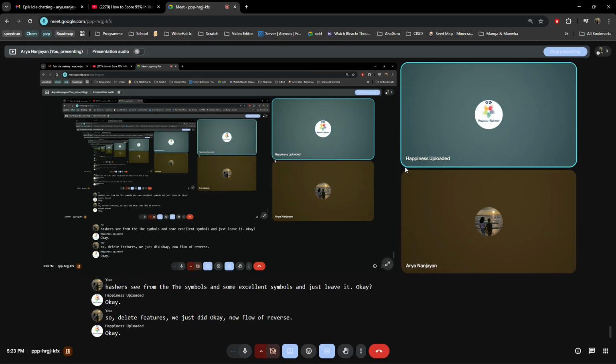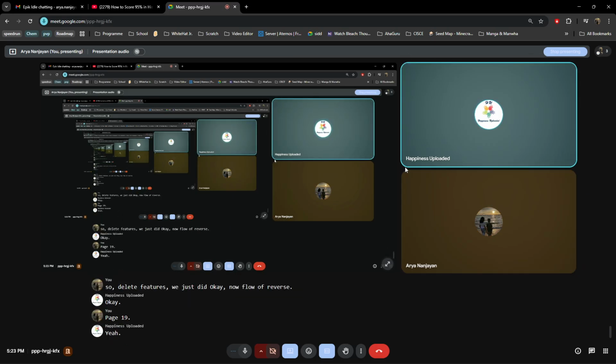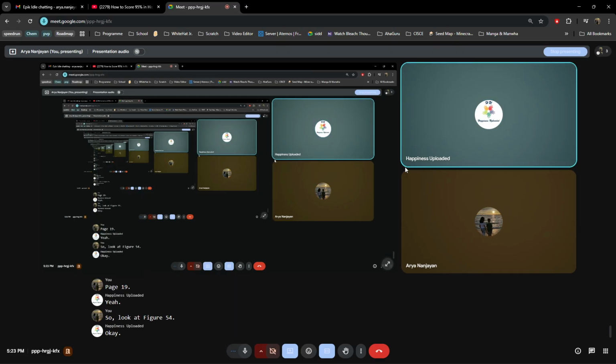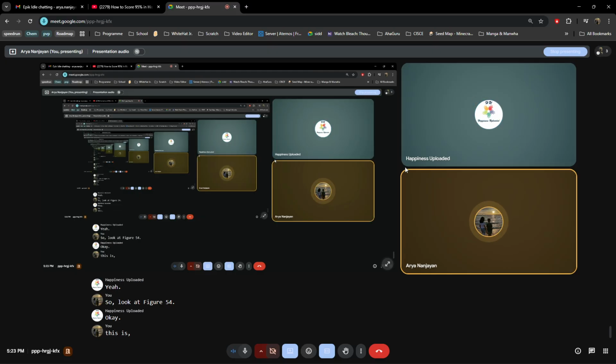Page 19. Look at figure 54. This is most likely a river in the middle course. Why? Because riverine islands are being formed.